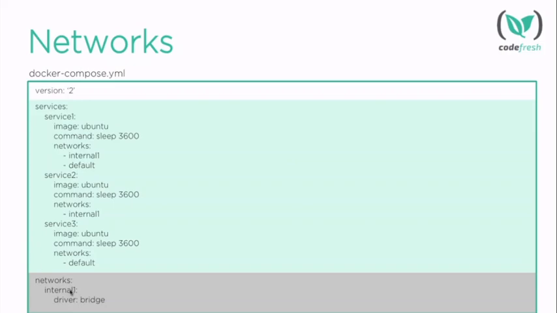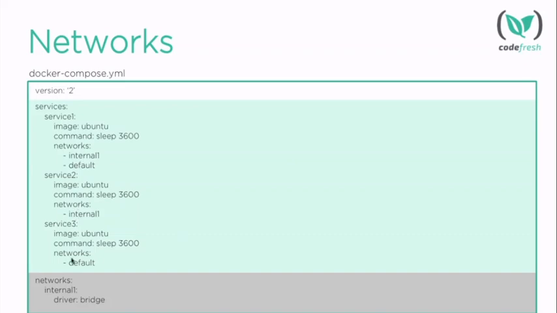So in this example, we simply created a new network called internal. We're using the bridge driver, which means this will run on the local host that the composition will be running on. We can also use the overlay driver, and that will create a network that can run across multiple hosts using Swarm.